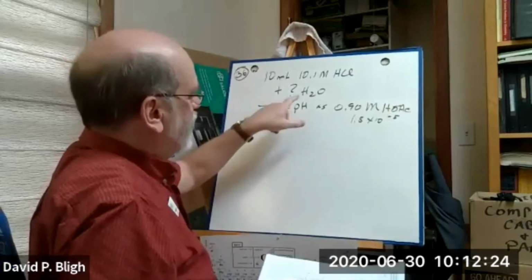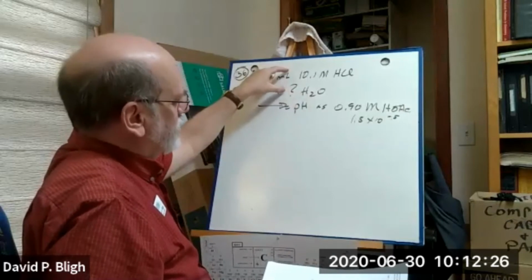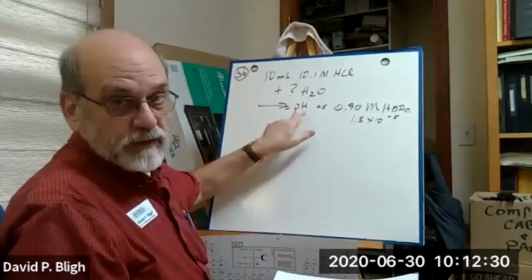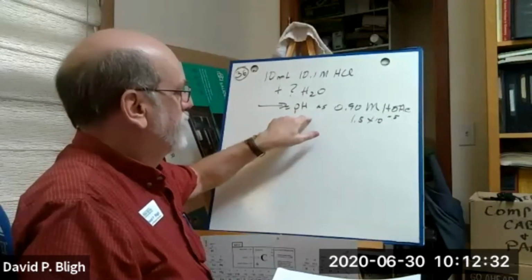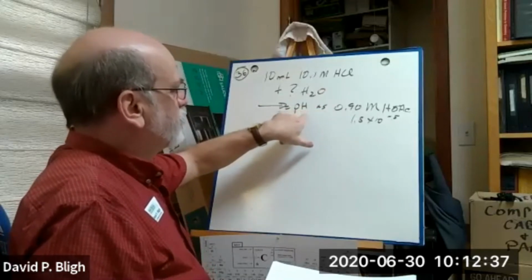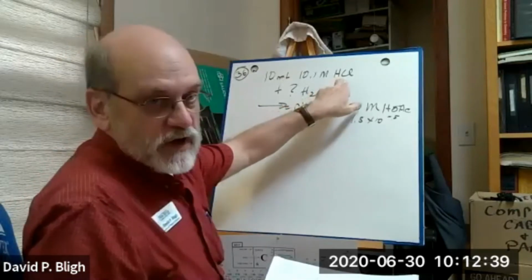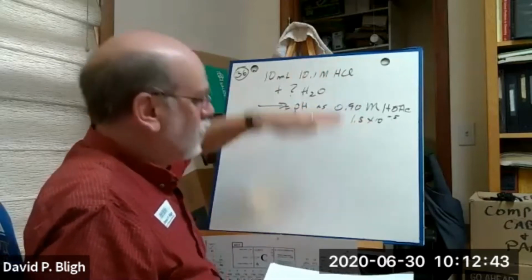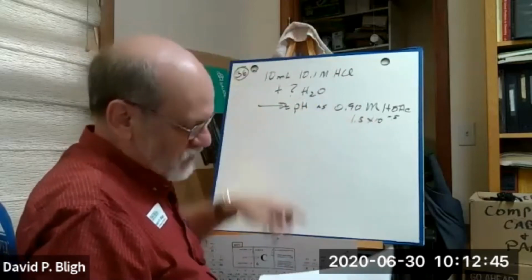So if we've got to find out how much water to add to this one to make the same pH as this one, we've got to find out what the pH of this one is. Then the hydrogen ion concentration would be equal to the concentration of HCl because that's a strong acid. So we need to work backwards. We need to find out what's the pH of this one.